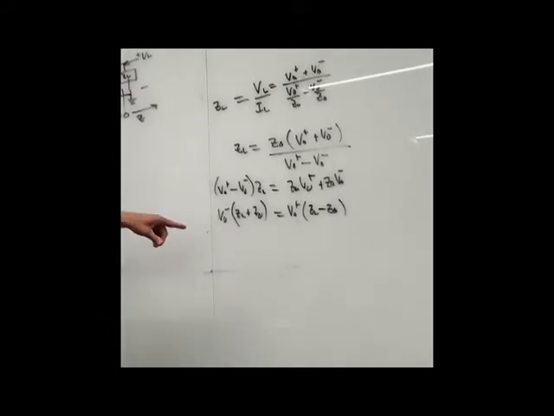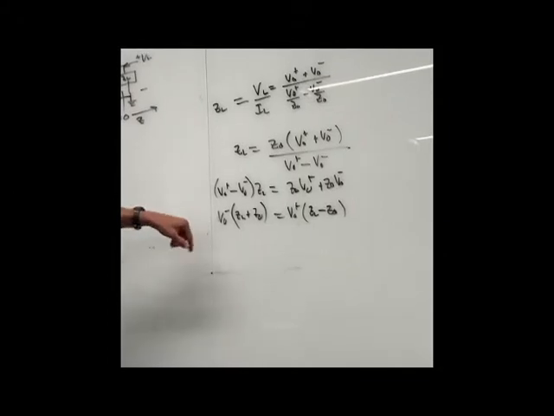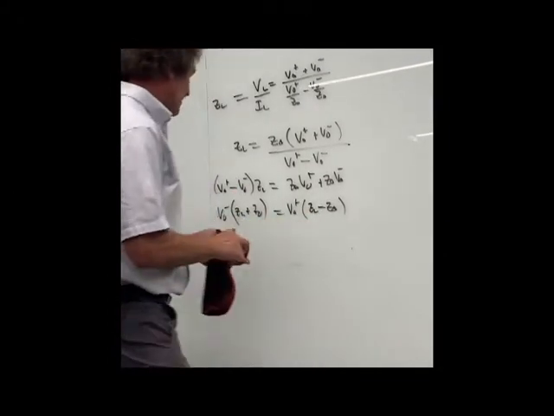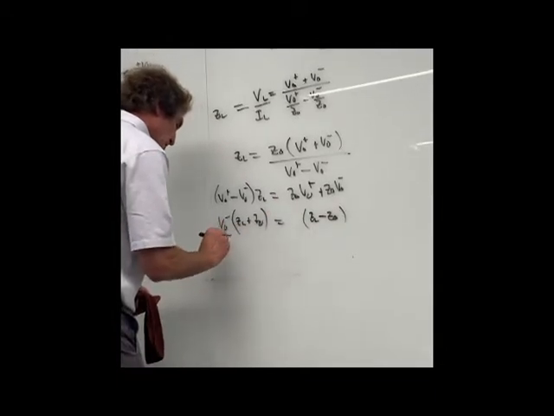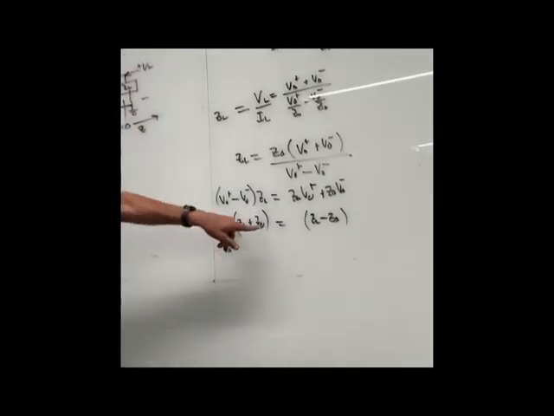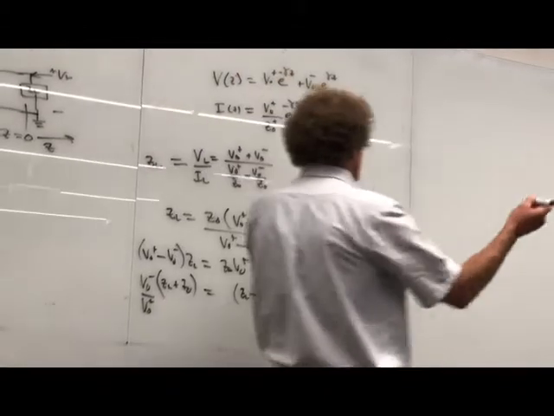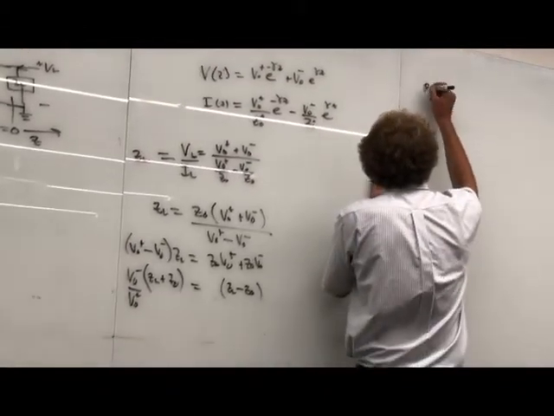Then I want the ratio of V0 minus to V0 plus, so I divide both sides by V0 plus, and then take this over there. And this is the definition for the reflection coefficient.